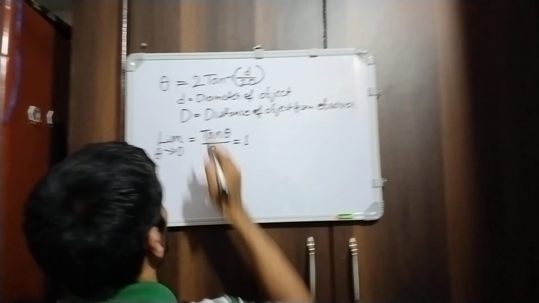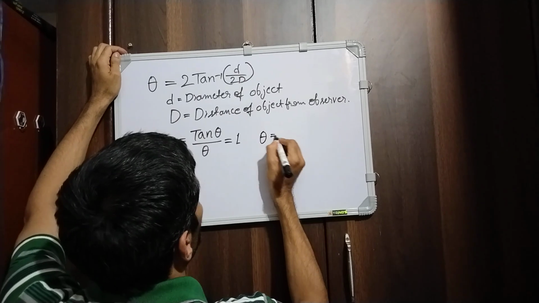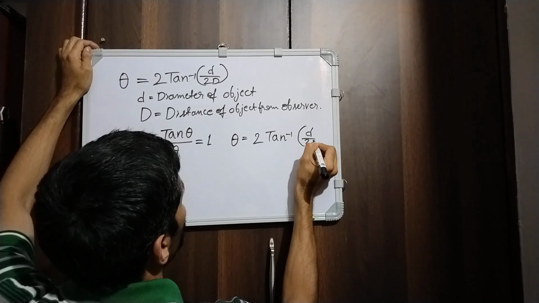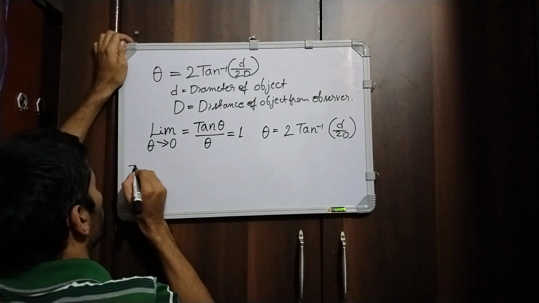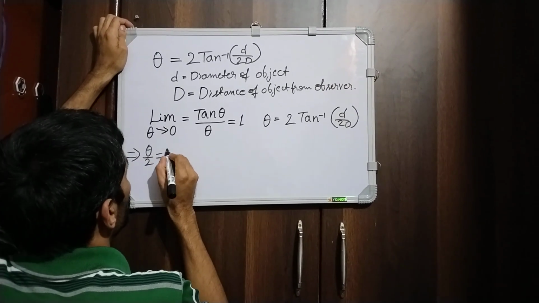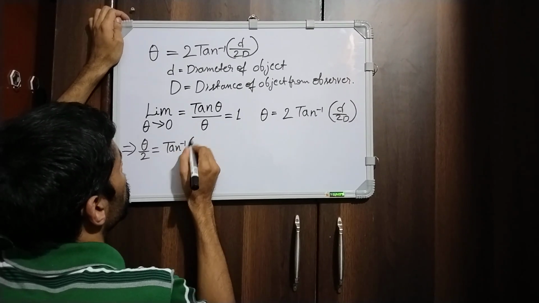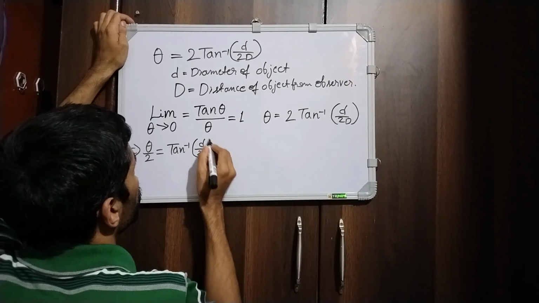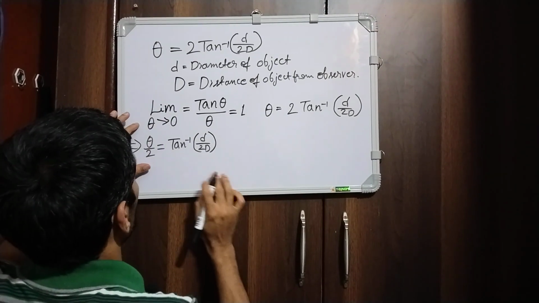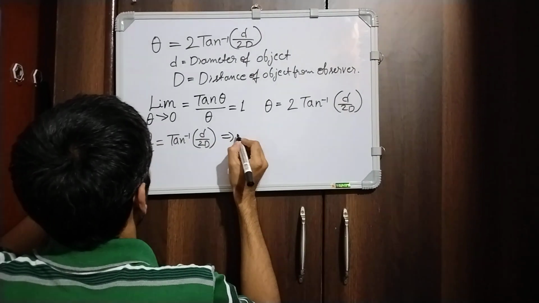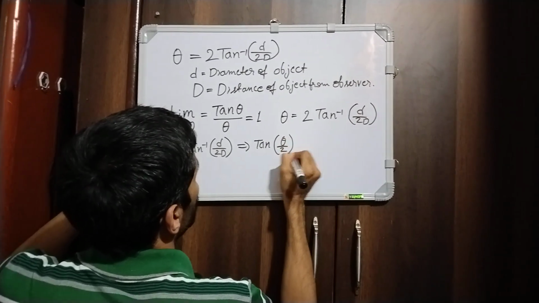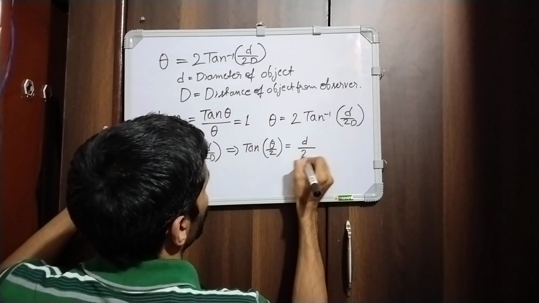Now let us see here. Theta is equal to 2 tan inverse of d by 2D. This implies theta by 2 is equal to tan inverse of d by 2D. This further simplifies to tan of theta by 2 is equal to d by 2D.